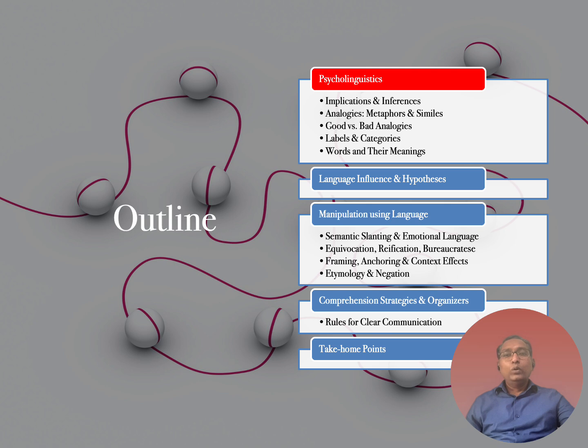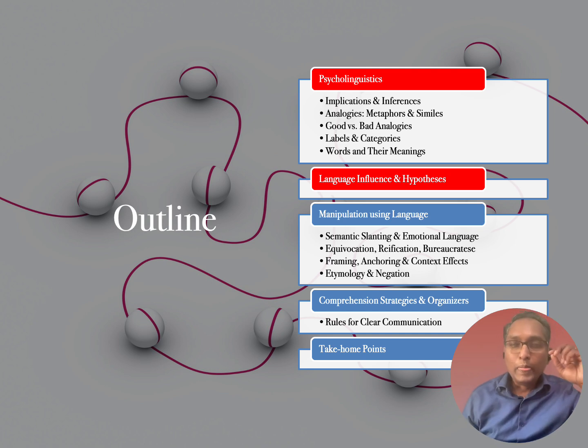Now we will move on to talk about the relationship between language and thinking in general, right? We'll talk about a specific idea: is language a tool, or does language dictate how we think? Is the relationship one way or both ways?